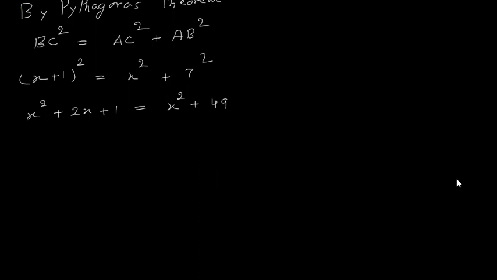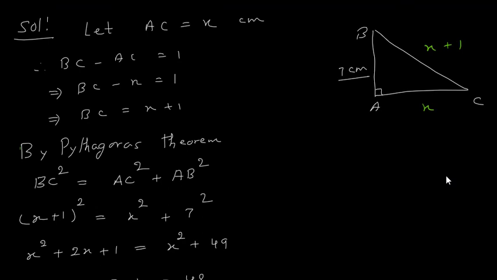X square will cancel, and I have 2x equals 49 minus 1, which equals 48. So the value of x is 48 divided by 2, which equals 24. So we got the value of AC, which is 24, and the value of x plus 1, which is 25.